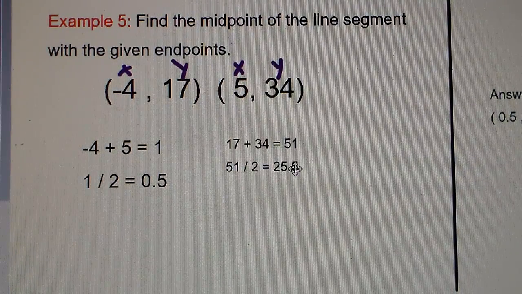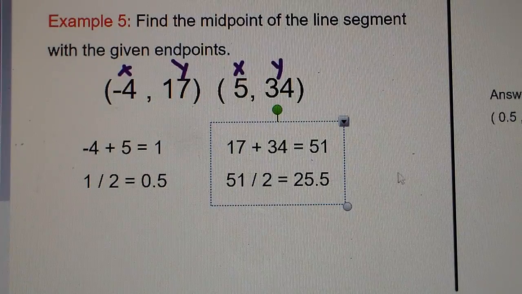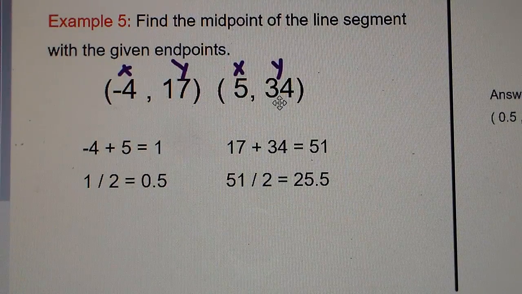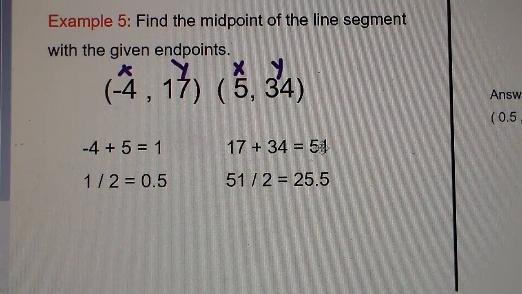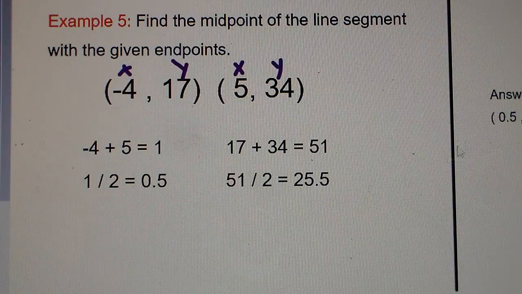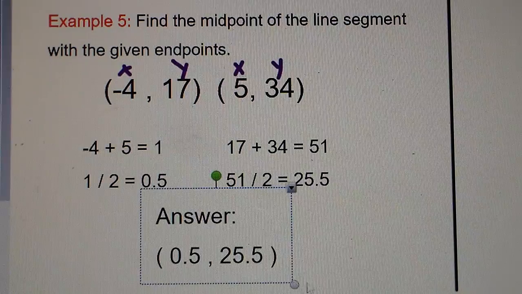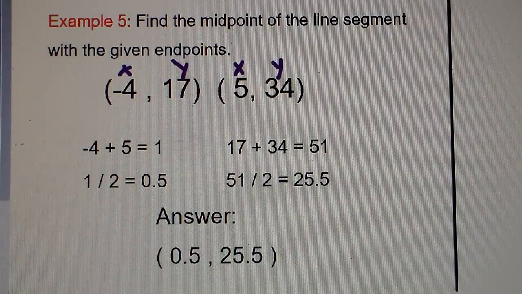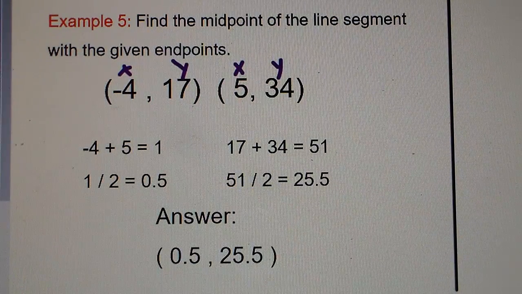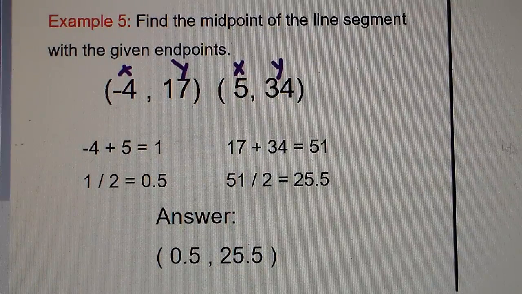We do the same thing for my y values. 17 plus 34 is 51, and 51 divided by 2 is 25.5. So our answer is parentheses 0.5, comma 25.5, close parentheses.